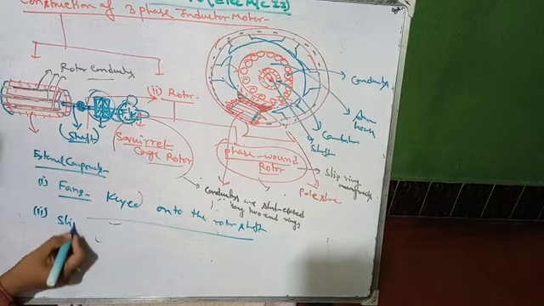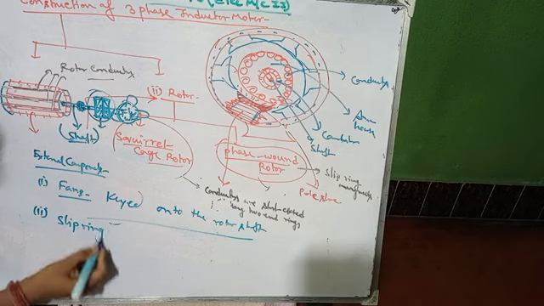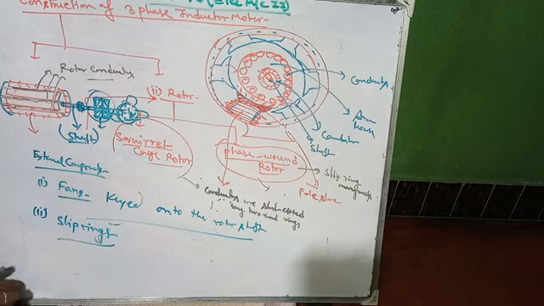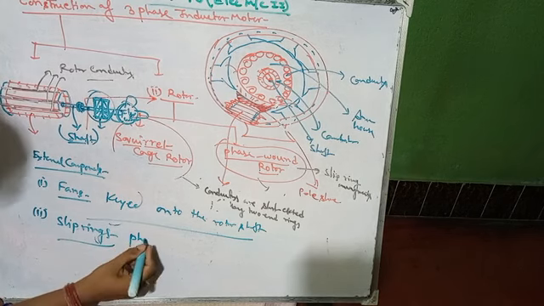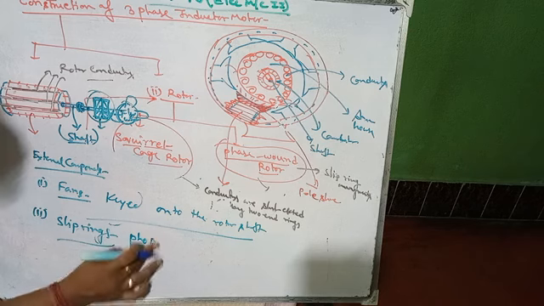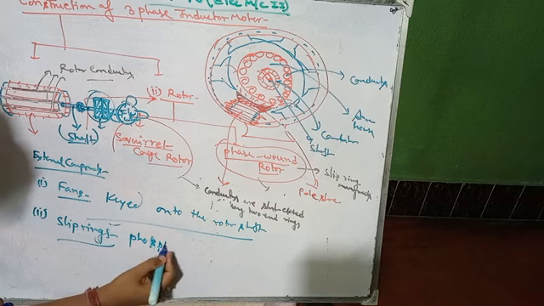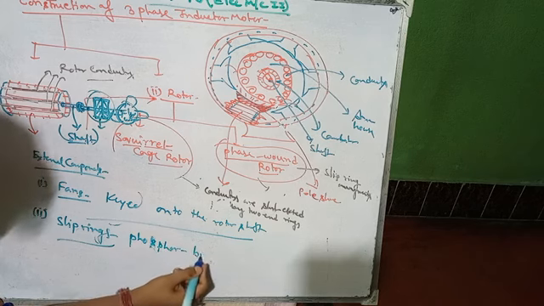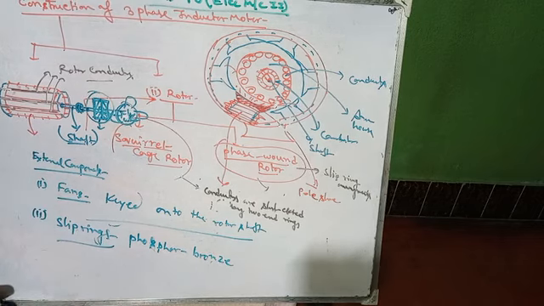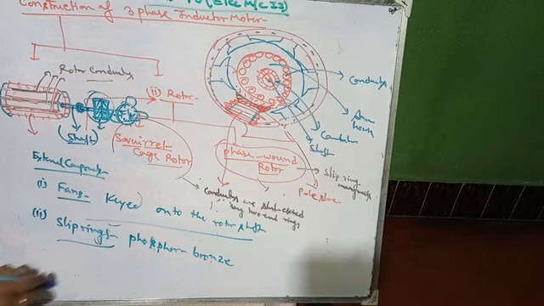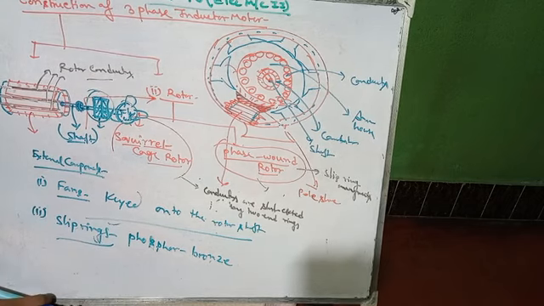And second one, slip rings. Slip rings are made of high quality phosphor bronze and are molded construction.